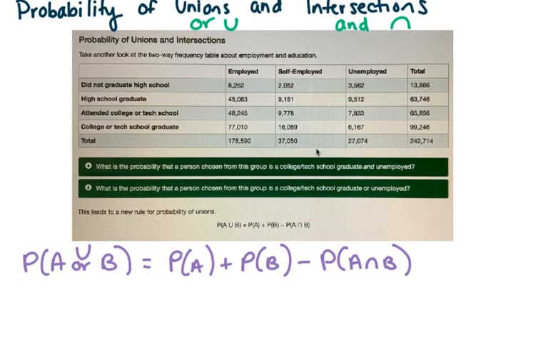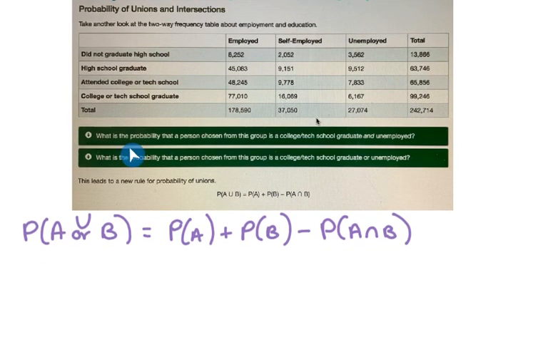So what is the probability that a person chosen from this group is a college tech school graduate and unemployed? So probability that they're college tech. Notice this time it doesn't say given or if they're unemployed or that is unemployed. They're just saying and.